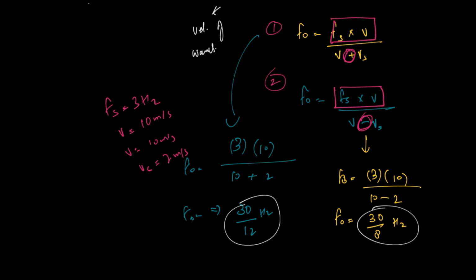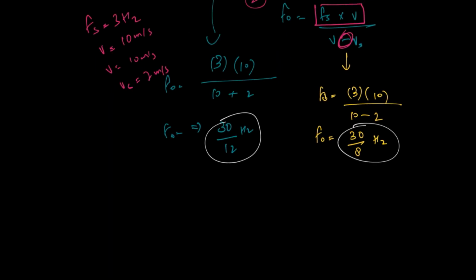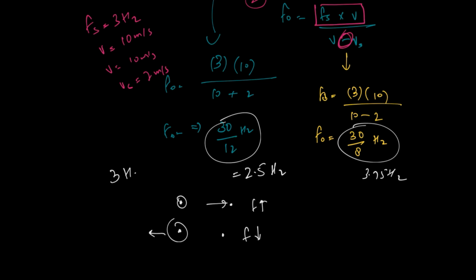So what does this imply? How do we know which formula is for which specific scenario? Again, what we learned was that when source moves towards the observer, frequency increases. When source moves away from the observer, frequency decreases. So 30 upon 12 equals 2.5 hertz, and 30 upon 8 equals 3.75 hertz. The original frequency was 3 hertz.